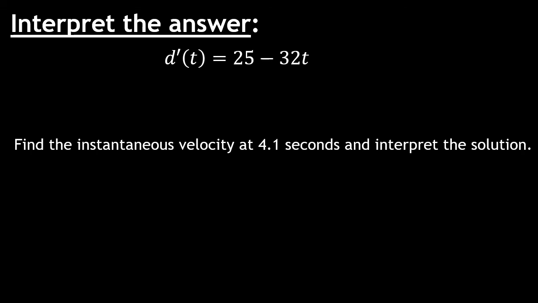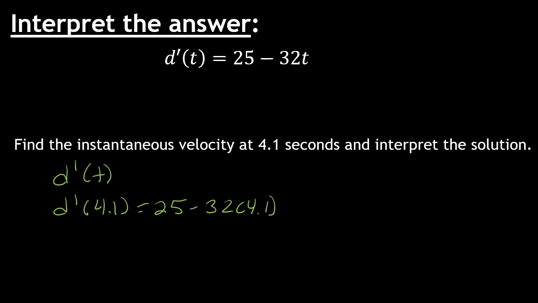If I want to find the instantaneous velocity at 4.1 seconds, just remember that d prime of t is the instantaneous velocity. So we're going to find d prime of 4.1, which means we're going to substitute in 4.1 into the equation. And remember, that was seconds.